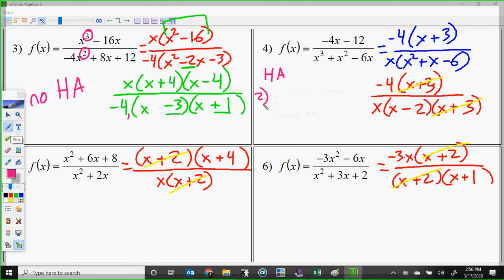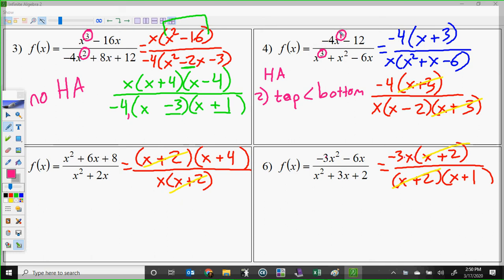Case number 2. Well, what if the highest exponent of the top is less than the highest exponent of the bottom? Okay, well, again, numbers 5 and 6 are the same, so that's not the case. But number 4, I have an exponent of 3 here, but only an exponent of 1 in the top.